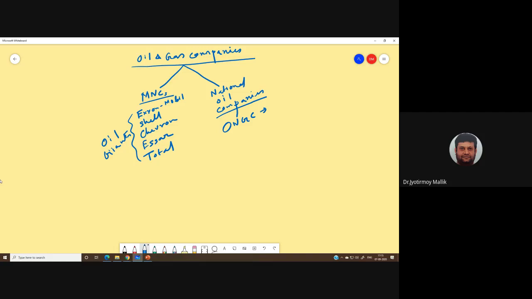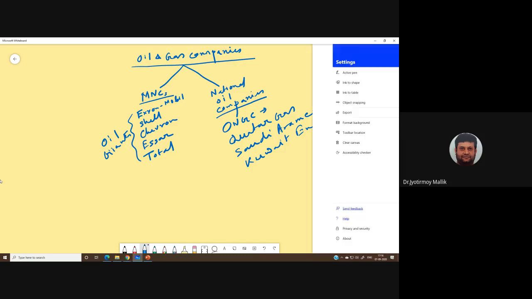Similarly, you have Qatar Gas, then Saudi Aramco, and then Kuwait Oil and Gas, Kuwait Energy, I guess. There are plenty of such companies which are specific to a nation. So, national oil companies and multinational companies.